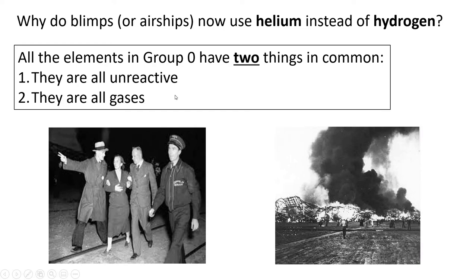It's not flammable, so there's no way that this disaster would have happened if helium was inside the blimp. And the fact they're all gases allows it to actually fill the blimp and let it carry out its purpose. But it's not just helium that has these two properties, it's every single element in group 0. So if you copy that down into your books.